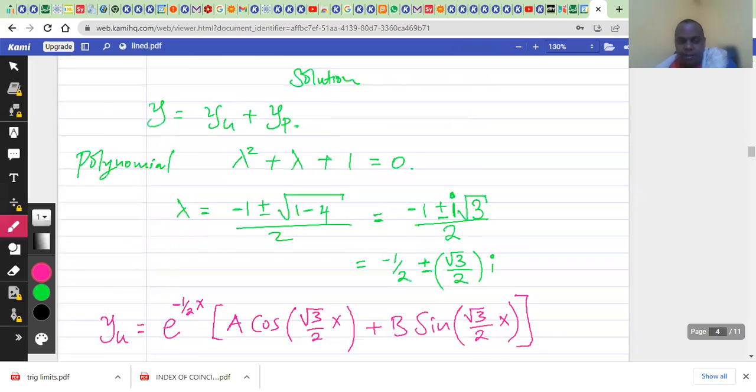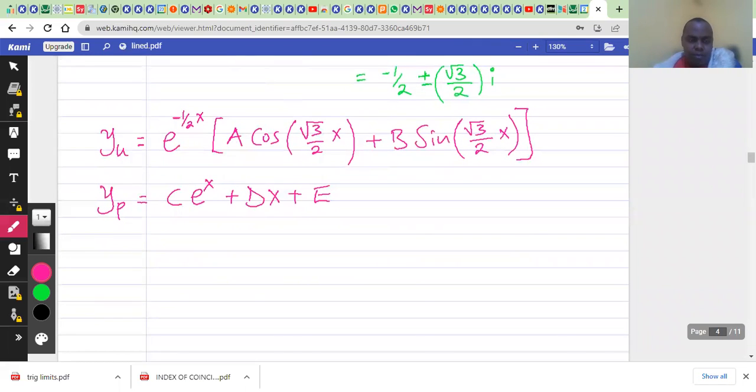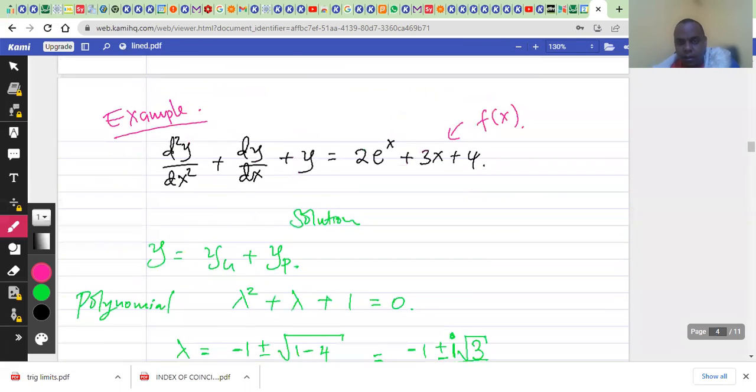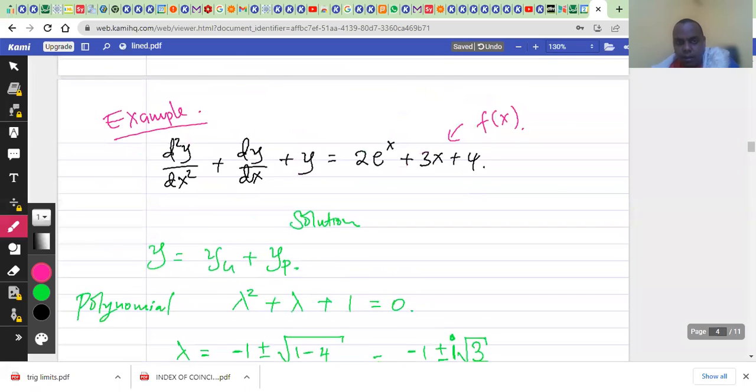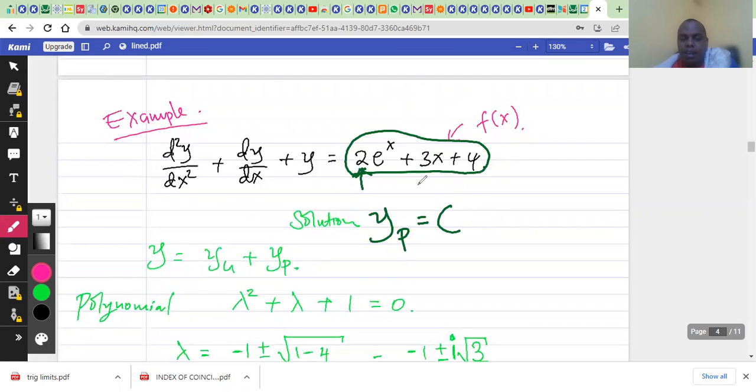The particular solution will take this shape. The coefficients need not be the same. So it's going to have some coefficient, maybe C, then e^x, some other coefficient instead of 3, D, x, and then some other coefficient to replace 4, E.